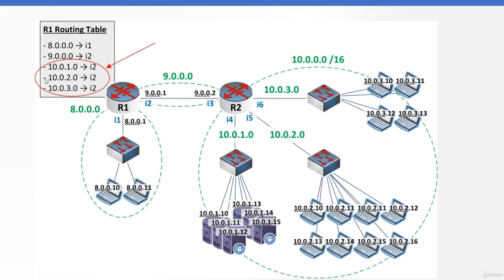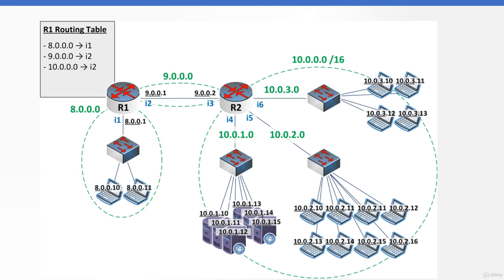But before router 1 can reach this route, it has to go through all the other routes. So what I want to do is simplify the process here. I'm just going to replace these 3 routes with one route.